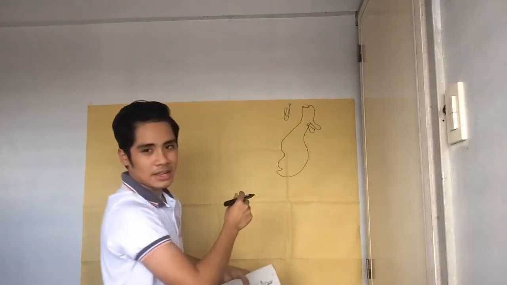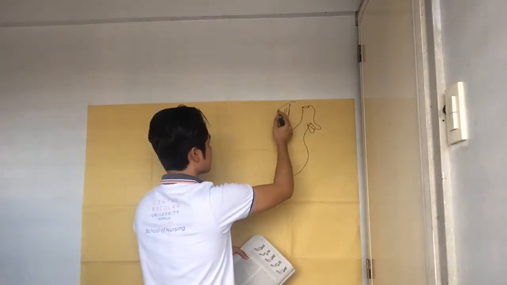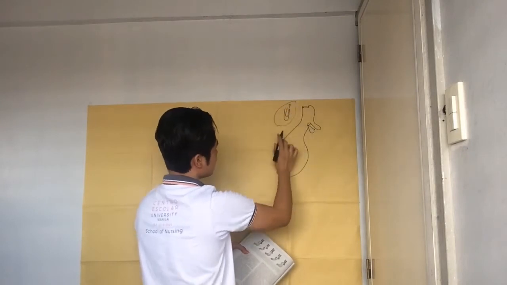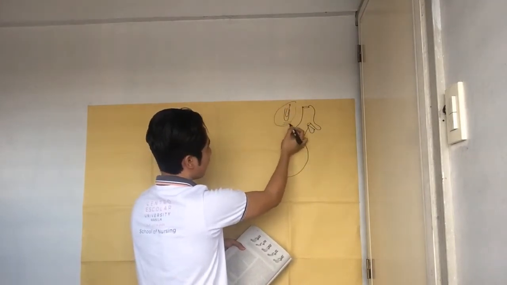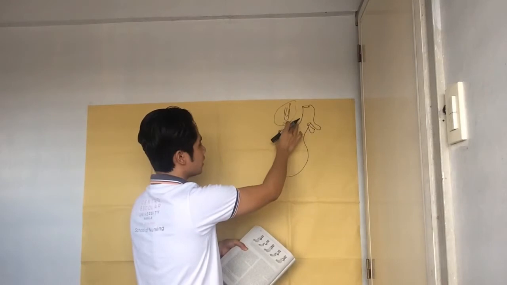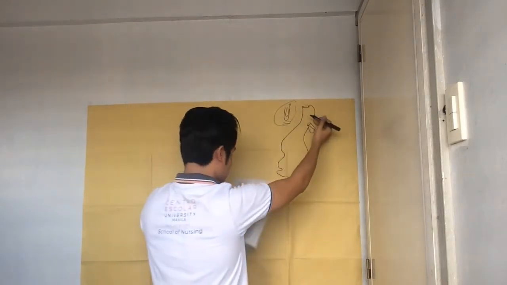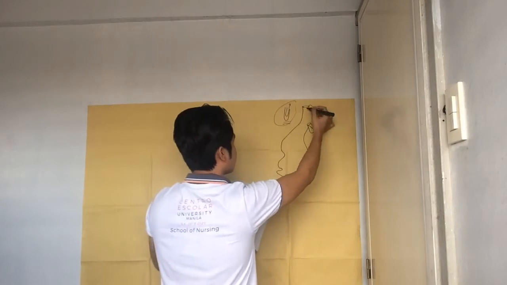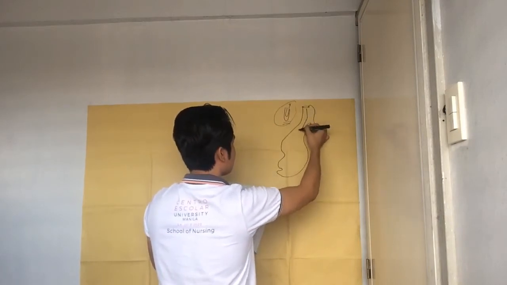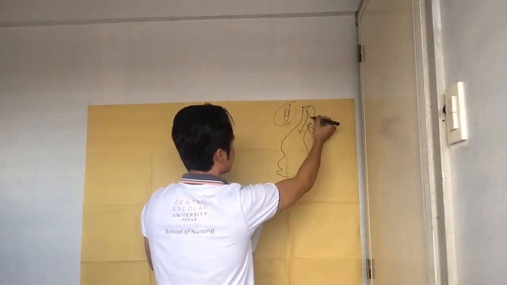the first one is the esophageal atresia. As you can see, this is a blind pouch. There are no connections to the other structures, and this one is the tracheoesophageal fistula.